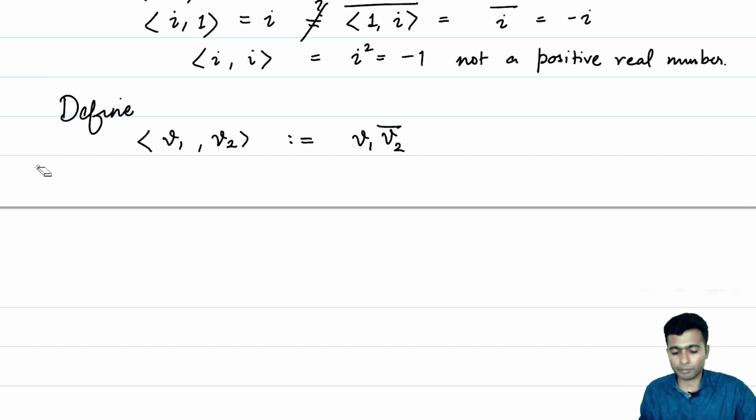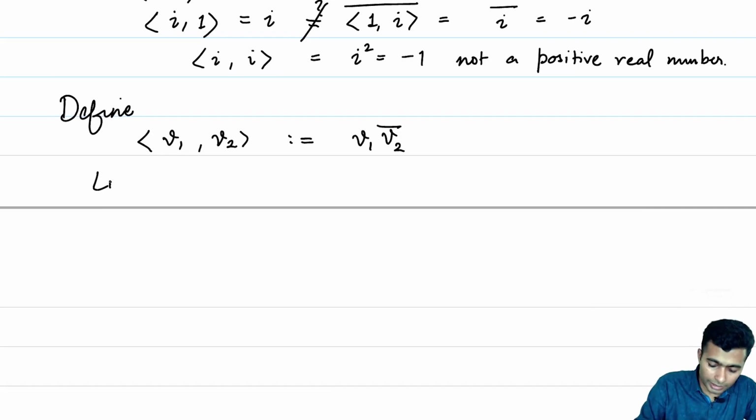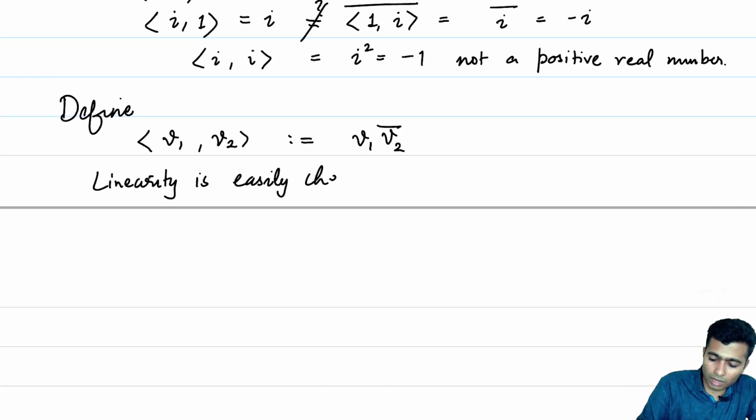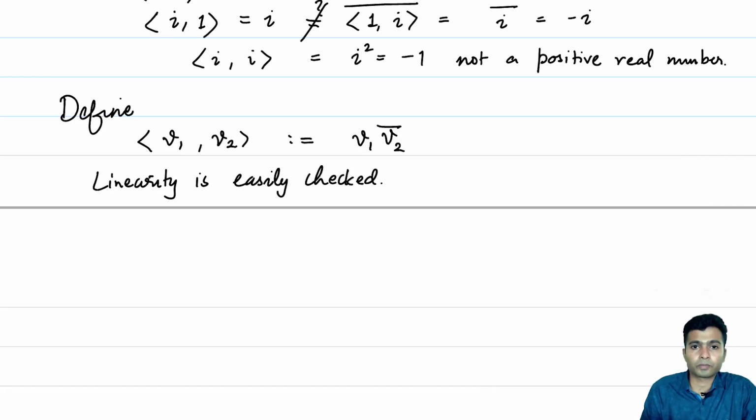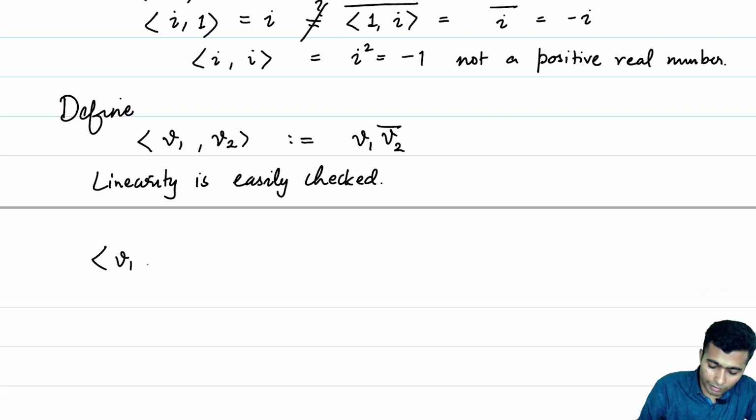Let me not spend time on the linearity; linearity is easily checked. How about conjugate symmetry? We know what the inner product of V1, V2 is. Let's look at what the inner product of V2, V1 is.